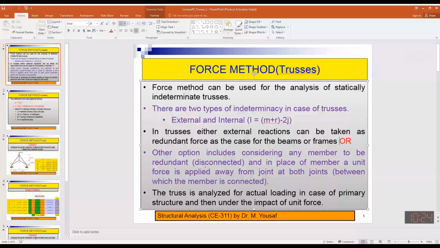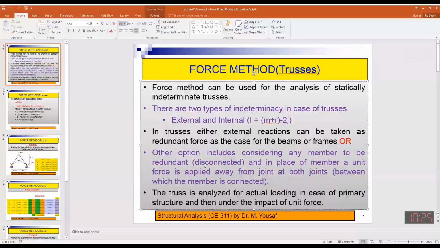So if you have assumed a compressive force and the result is negative, it means you have wrongly chosen the direction of the force. And if the result comes out positive, it means the direction that has been chosen is right.